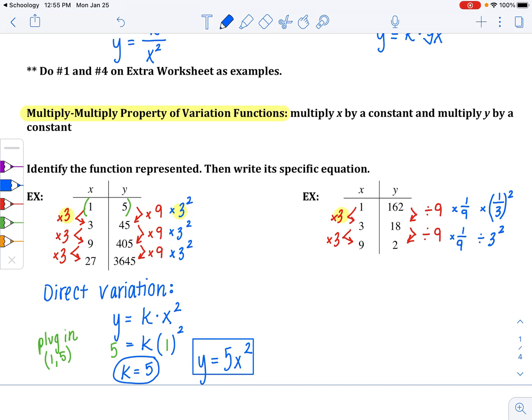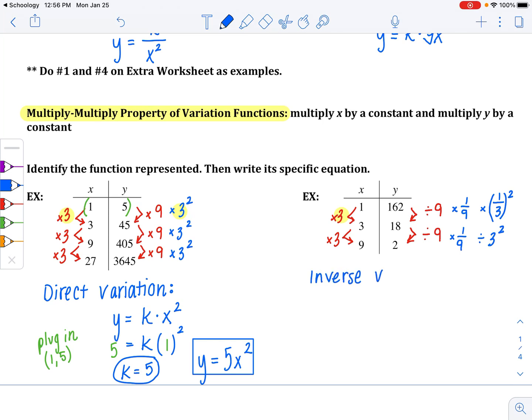But in the end, you have to realize you are multiplying by a power of x squared. The power of x is 1/3. So because you are dividing, or you're multiplying by a fraction, it's going to be our inverse.